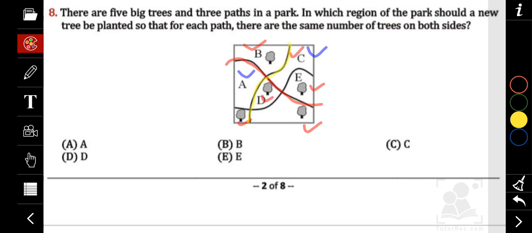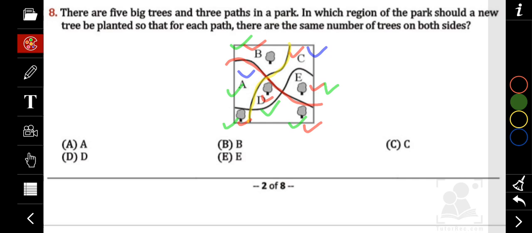In this case now, to plant the tree, we see that 1, 2 and 3 trees are here. We need to plant 3 more trees. To make the 3 trees on the other side, we have got the options. Either it can be planted over here, or over here, or over here.